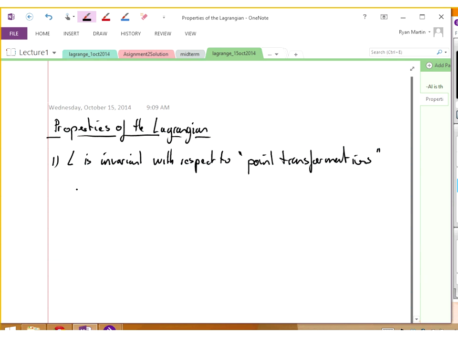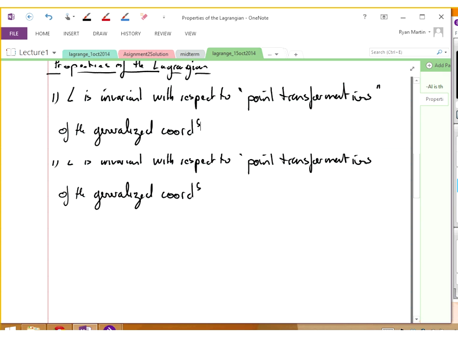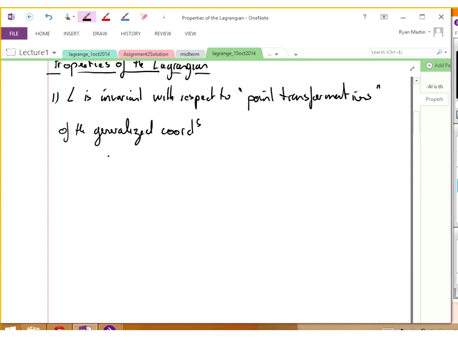These are point transformations of the generalized coordinates. So what does this mean? In general, one can define a transformation of coordinates from one set of generalized coordinates to another set of generalized coordinates, so let's say from Q to Q prime.